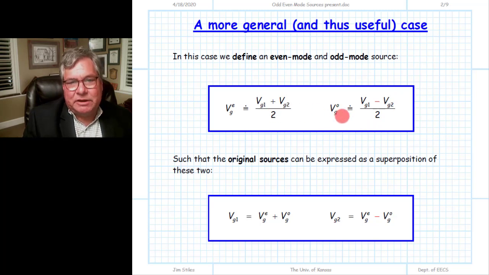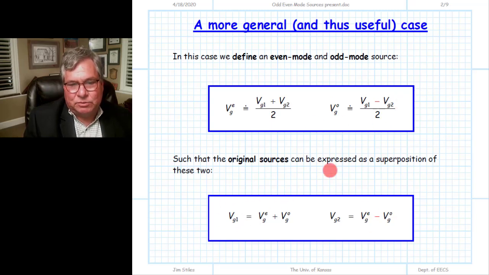Now, based on these definitions, we can go back and recast each of the two original sources, VG1 and VG2. We can rewrite VG1 as the sum of the even mode voltage and the odd mode voltage, and VG2 as the difference between the two. You can show this algebraically: insert these expressions and do the algebra, and you'll see it works out. The VG2s will subtract out and you'll get VG1.